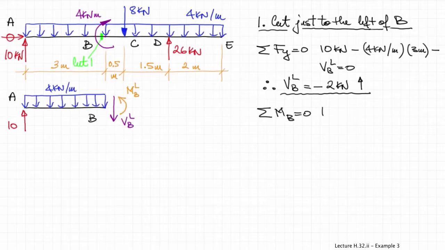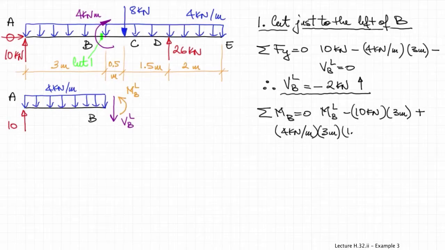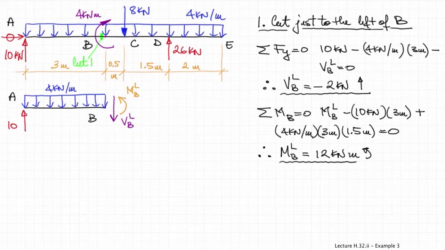And summing the moments at point B, at the cut location, we conclude that the moment at B to the left of B is equal to 12 kilonewton meters, a positive number. So therefore the moment would be rotating counterclockwise on the left-hand side of the free body diagram.